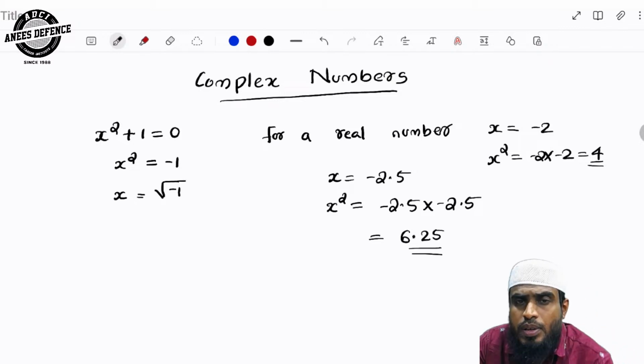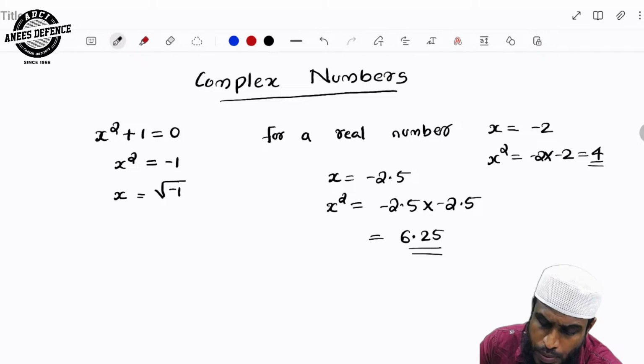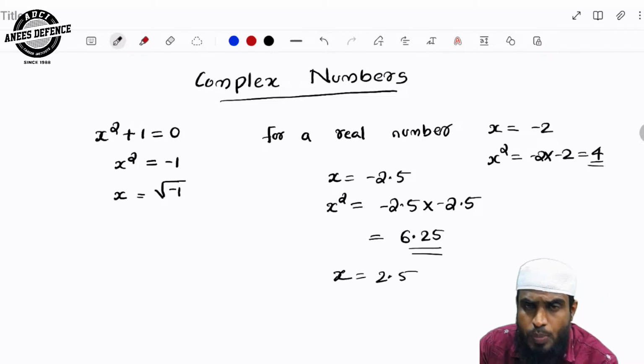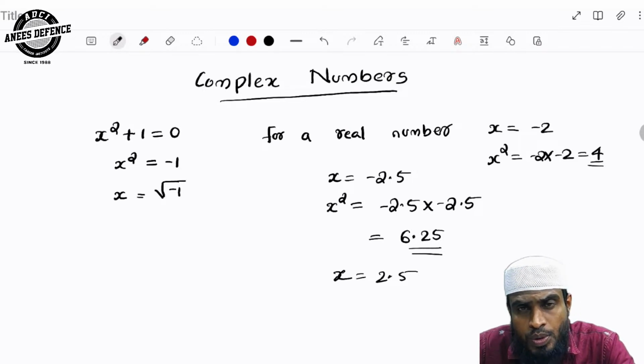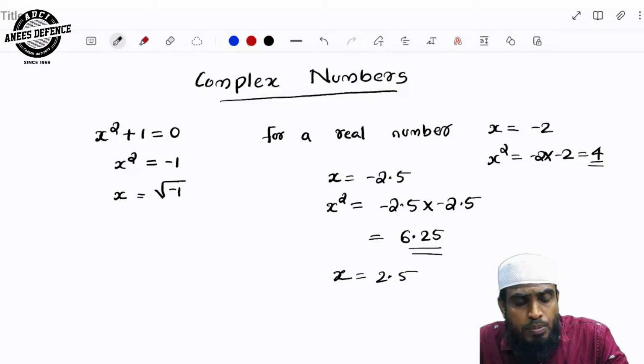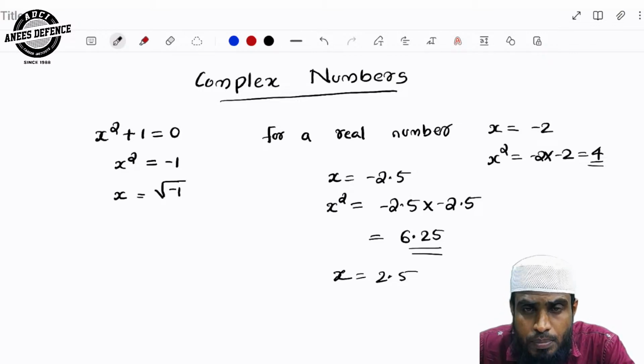Similarly, for a positive number, if it is 2.5, always square is positive. We already know. So that is why I took some negative numbers as the example of a real number.